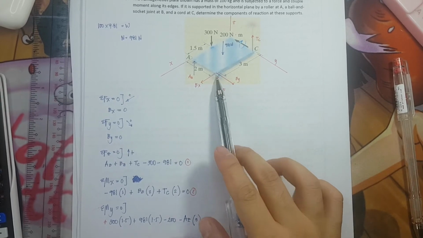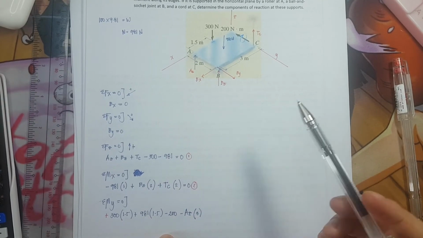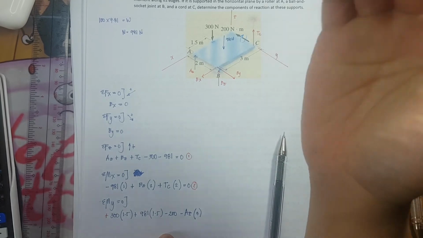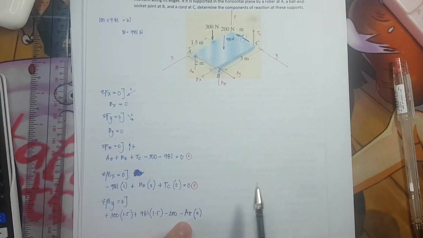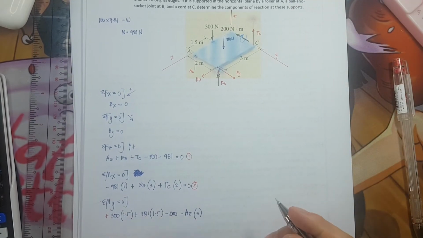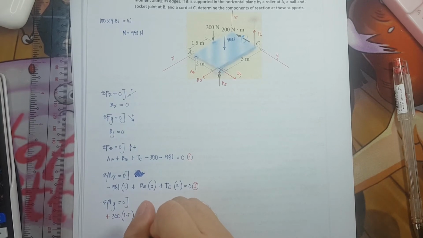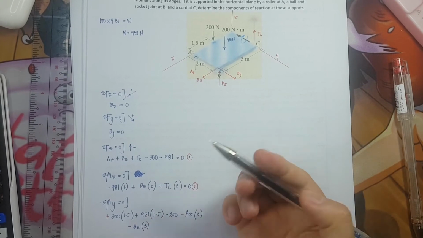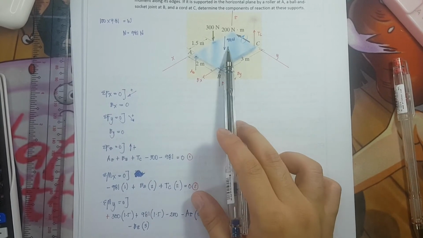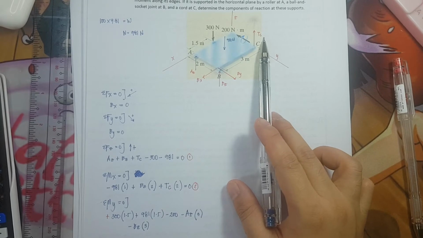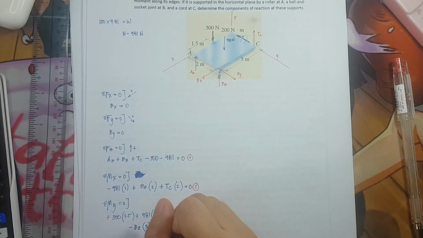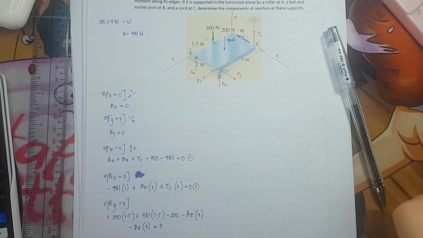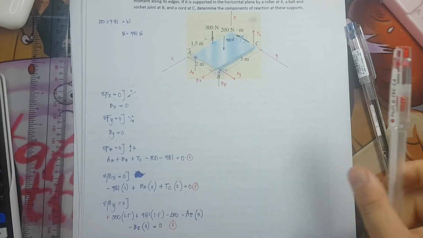Lastly, we have the BZ. BZ is going to rotate in the same direction as AZ, so that is minus BZ times a lever arm of 3. Is there anything else? 1, 2, 3, 4, and 5. And none left. And that is equivalent to 0. And this is my third equation.